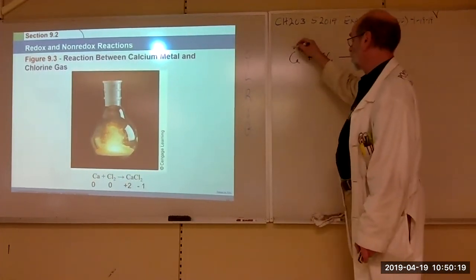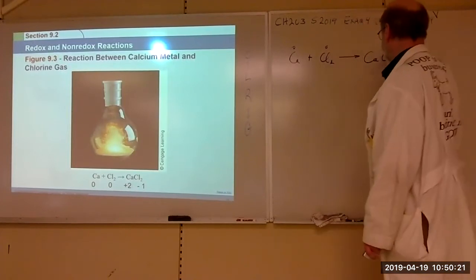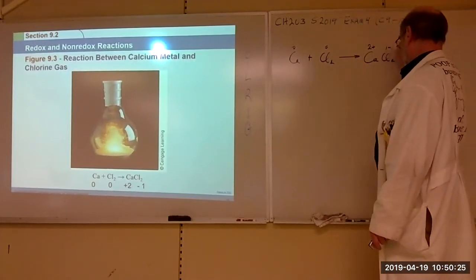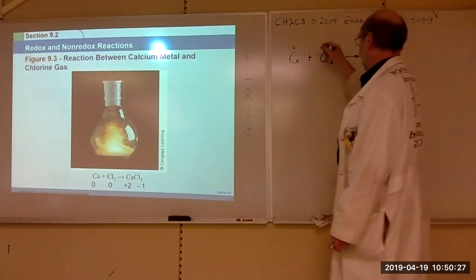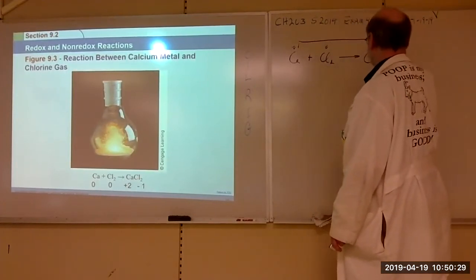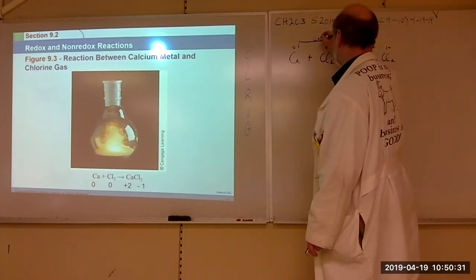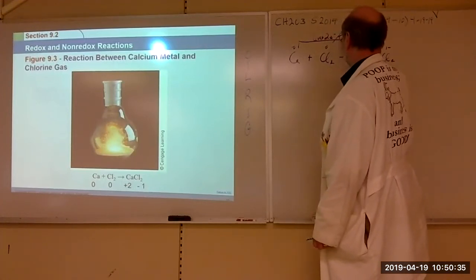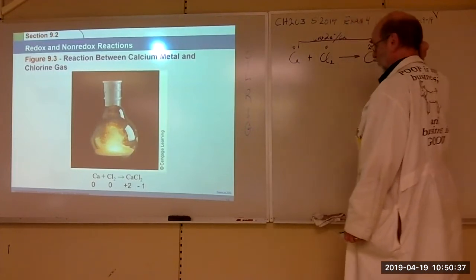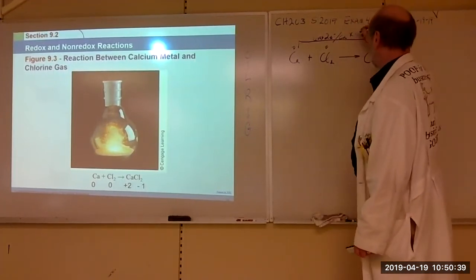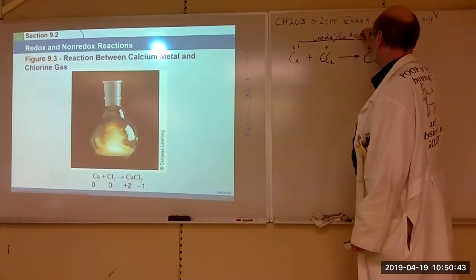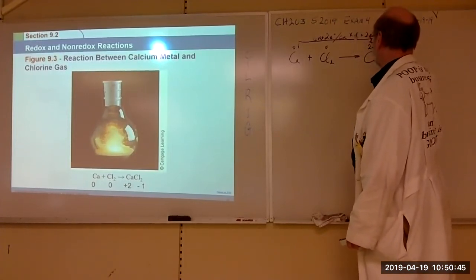All right, so if both of these are 0, and this one's 2+, and this one's 1-, then the calcium has lost 2 electrons per calcium. I always write it that way. And then times however many calciums you have, 1, is 2 electrons there.